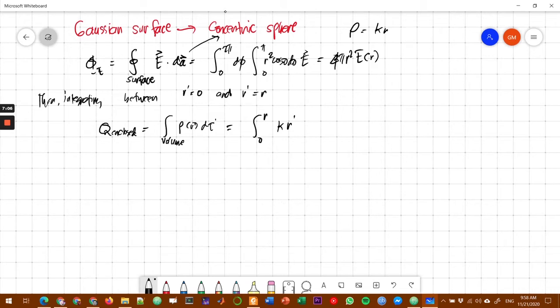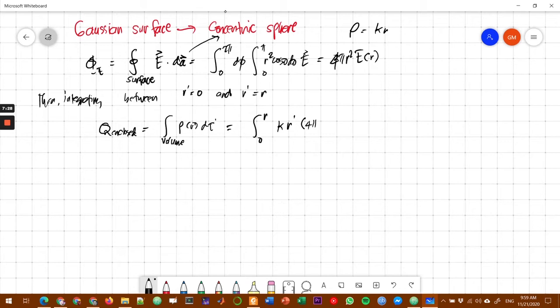Now for the d tau prime, we have r squared cosine theta dr d theta d phi. But since the volume charge density depends only on r prime, theta and phi are constant, so the angular integral is automatic. The result is 4 pi.